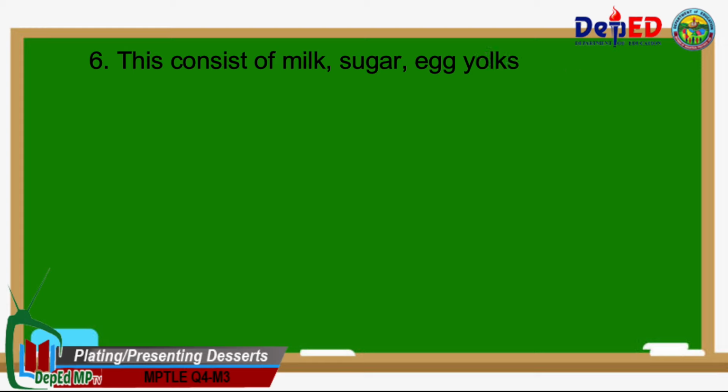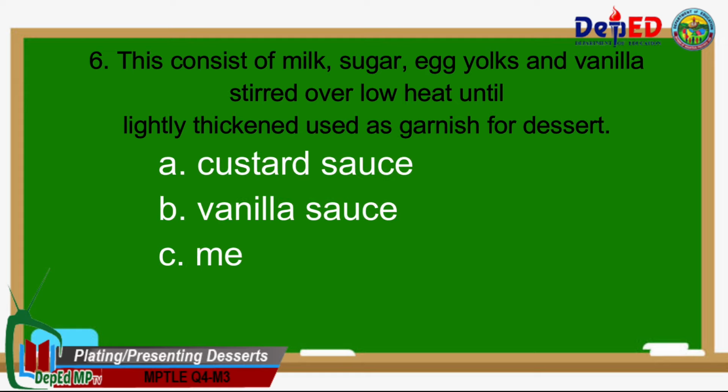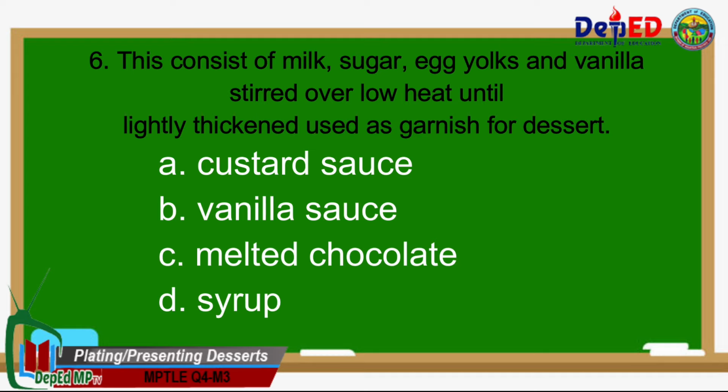Number 6. This consists of milk, sugar, egg yolks, and vanilla stirred over low heat until lightly thickened, used as garnish for desserts. Letter A. Custard sauce. Letter B. Vanilla sauce. Letter C. Melted chocolate. And letter D. Syrup. The correct answer is letter A.